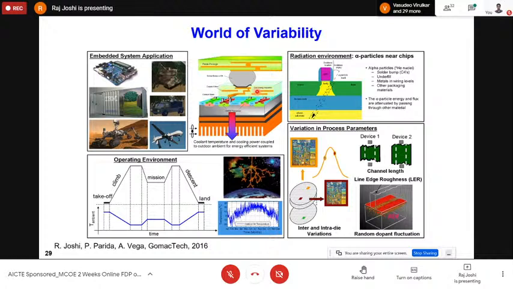And if you talk about the chip, the chip has variation in process parameters, lengths, and random dopant fluctuations, where dopants are used for adjusting the threshold voltages.